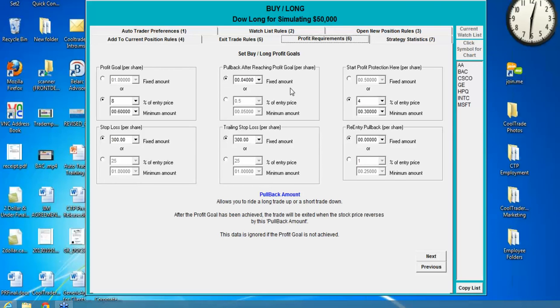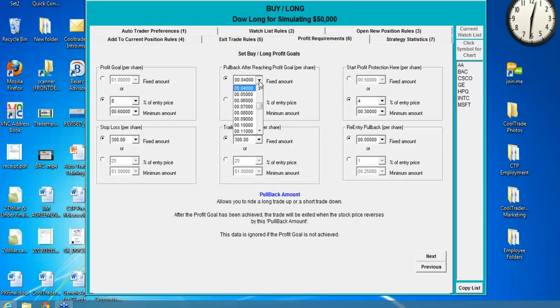So what we're going to do is we're going to continue to ride through that 60 cents, and it may go up to 70 cents. Once it hits 70 cents, it'll start to pull back. Once it pulls back 4 cents, is how we have this set, then the robotic trader is going to close out that position and take the money. So it's really a neat feature that we have here.